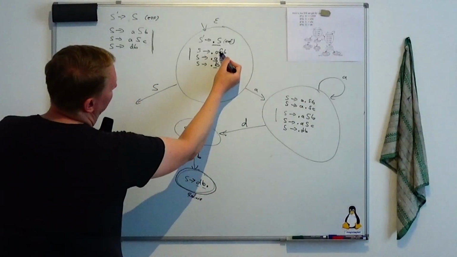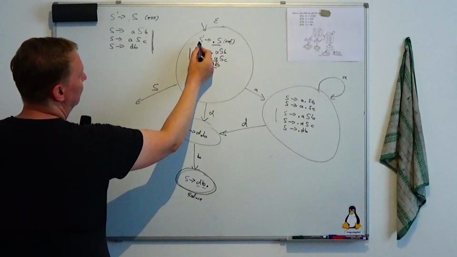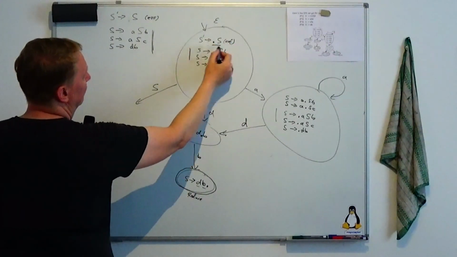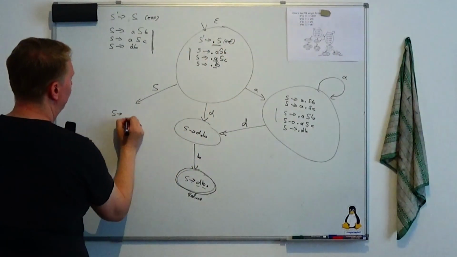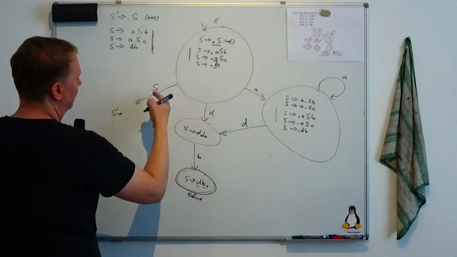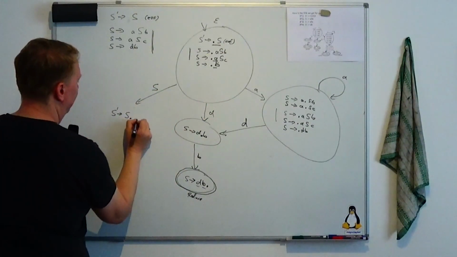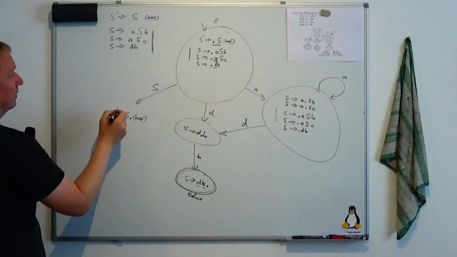If we get an S, well, then A and D have died, and then we are moving only on this production, and then we have moved from point S. We've gotten an S. Now we are at S point EOF.